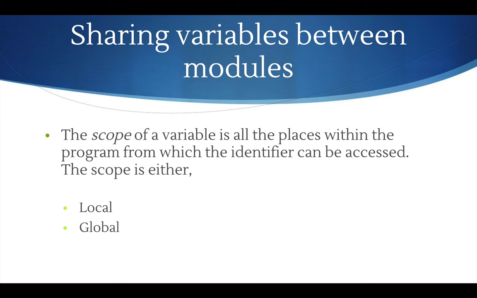Now, if I make a local variable, so I make a variable behind a private sub button click, which is a really common example, that variable will only be able to be accessed within that subroutine.